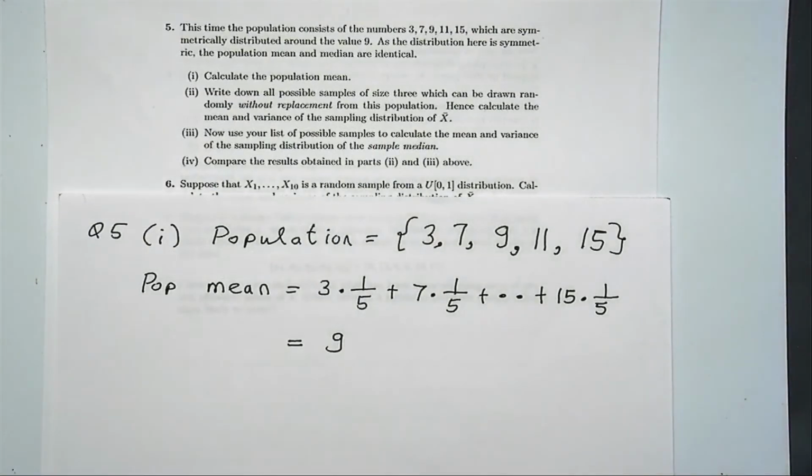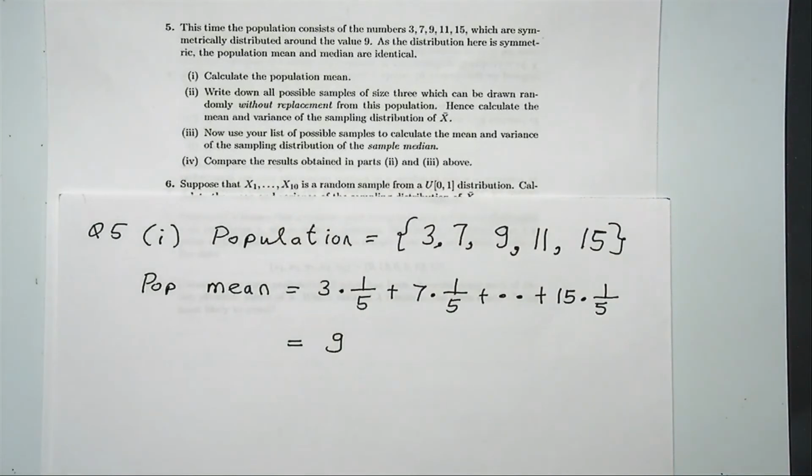Now this time it is a little bit more involved, right? Again, because we are doing it without replacement, the order here really doesn't matter. Whether you choose 2 first and 3 second is the same as the other way around, right? Okay.